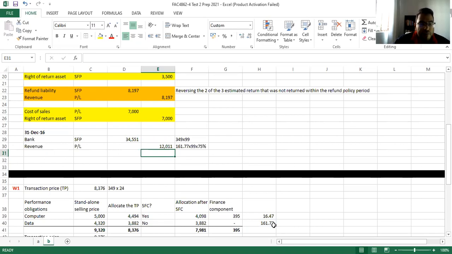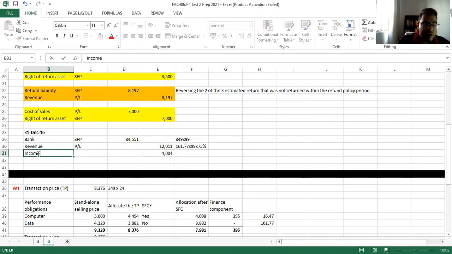The other portion, of this 161 multiplied by 99 people multiplied by 25%, will be income received in advance. We'll see what's the proper term they used. It's no longer called income received in advance, but for now I'm just going to call it that. Why is it income received in advance?